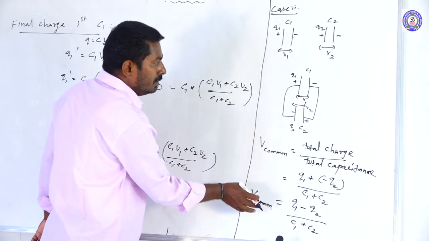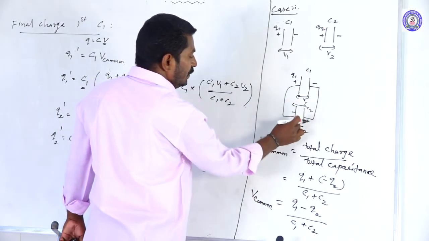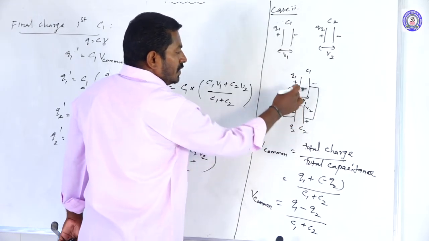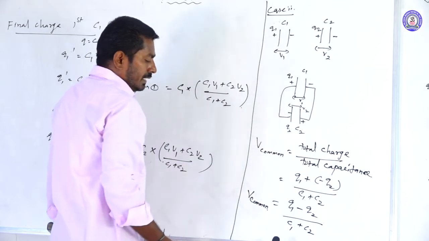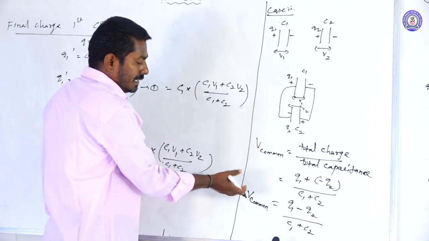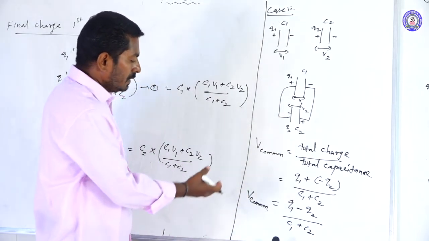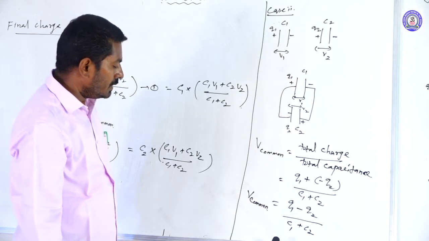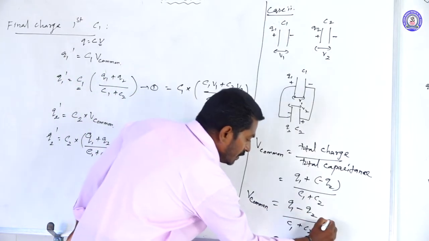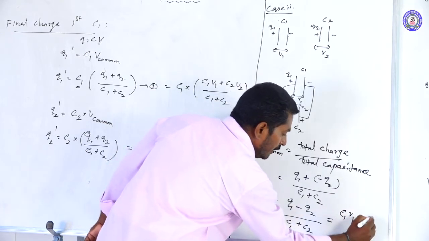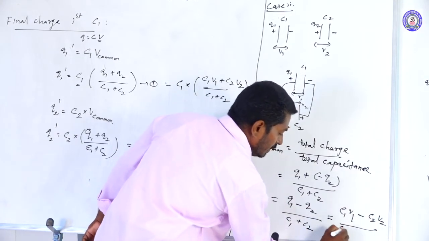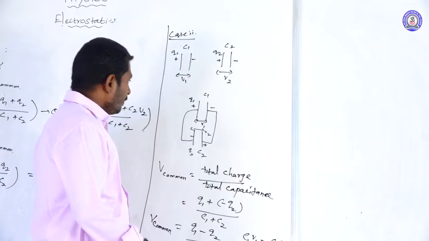This formula is applicable if both capacitors have different capacitances, are charged to different potentials, and are connected with opposite polarity. V common is equal to Q1 minus Q2 divided by C1 plus C2, which is equivalent to C1 V1 minus C2 V2 divided by C1 plus C2.